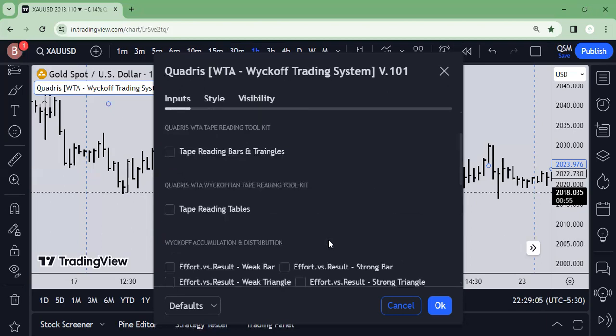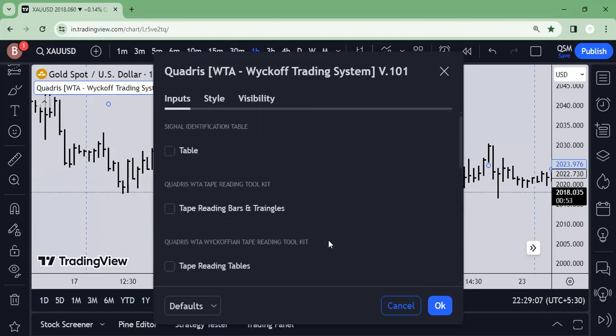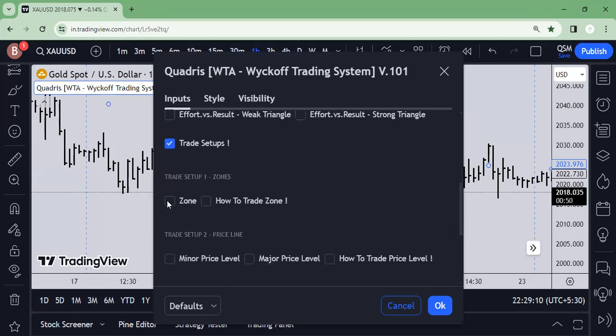So we'll dive into this one. Now the first trade setup is zone, and now how to trade with zone.